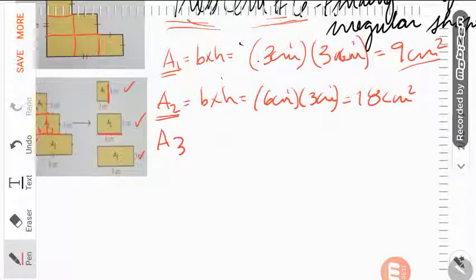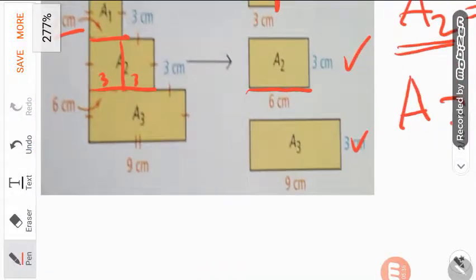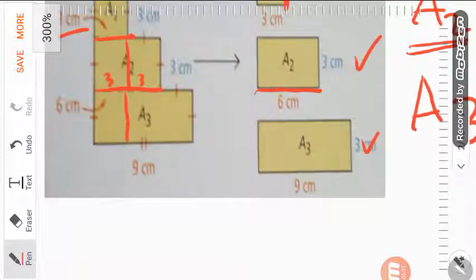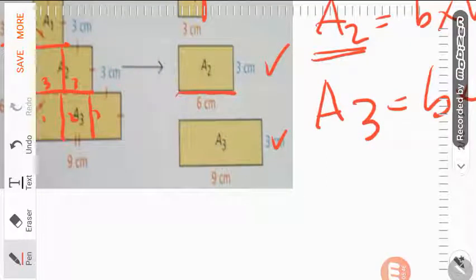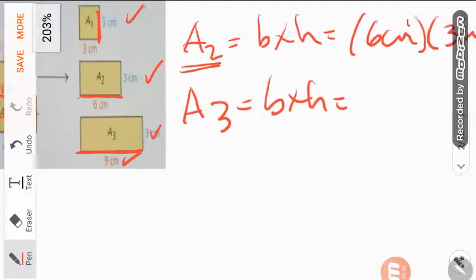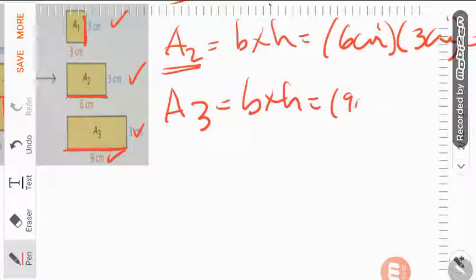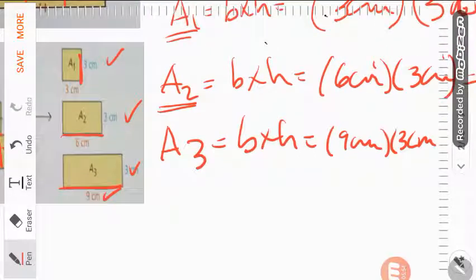And for area 3, we have the same, base times height, but in this one, taking a close look here, we have 1, 2, 3 squares with a base of 3 each. So 3 and 3 and 3 is 9, which is the base that we see here. In this one, the base is 9 centimeters, while the height remains 3 centimeters.